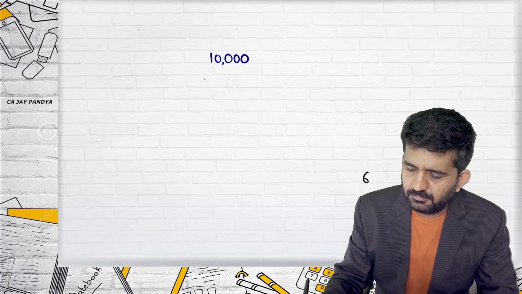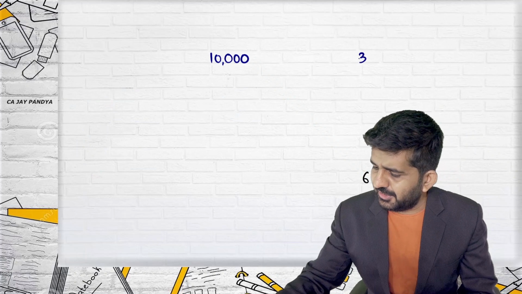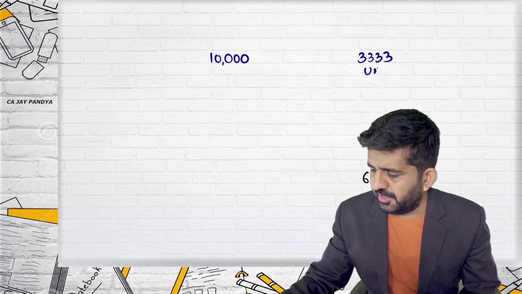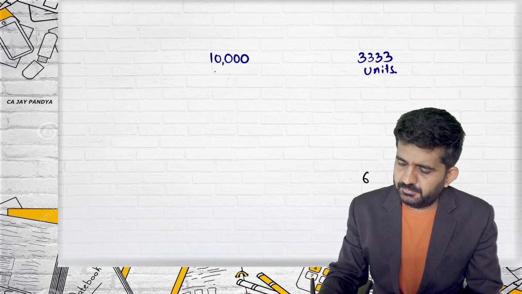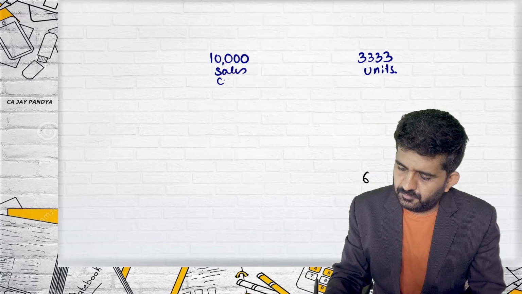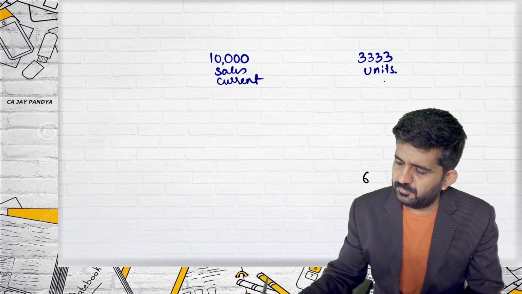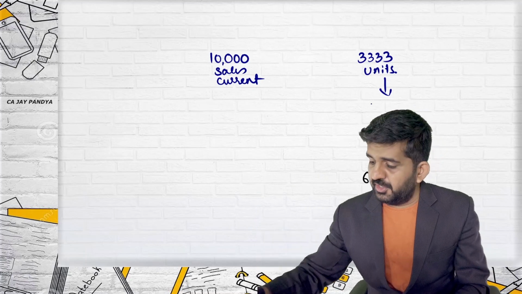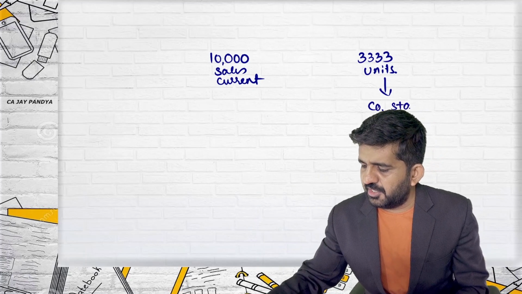Alright. What is the sales right now? 10,000. At 3,333 units, after this, the company will start incurring losses.